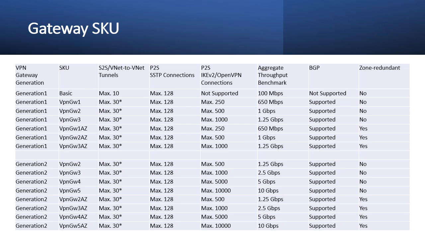So if you have created a Basic SKU, you cannot change the SKU. But suppose you choose VPN GW1, you can change it to VPN GW2 in the same generation. But you can't do it across generations. If you want to do that, you have to delete the gateway and create it again.